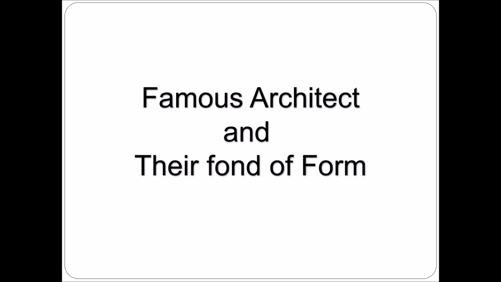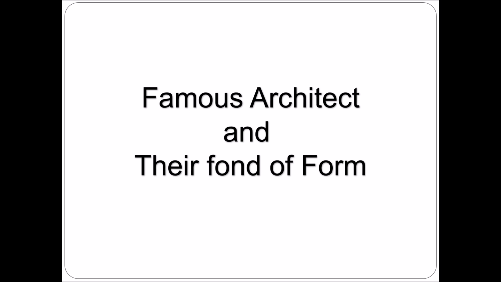The next thing I want to talk about is famous architects and their fondness for form. Some of the famous architects that you know have a likeness for certain forms, and they regularly use that kind of form in their works.